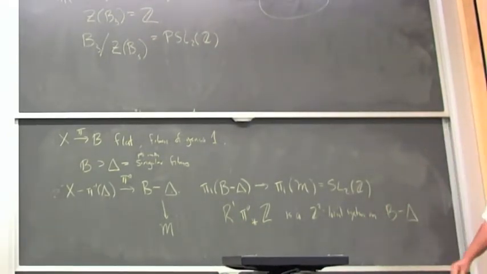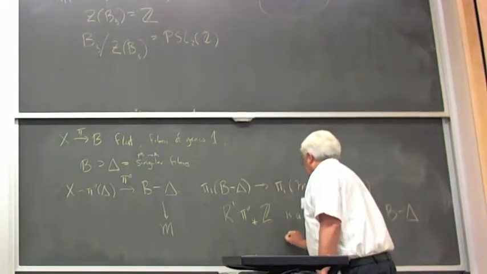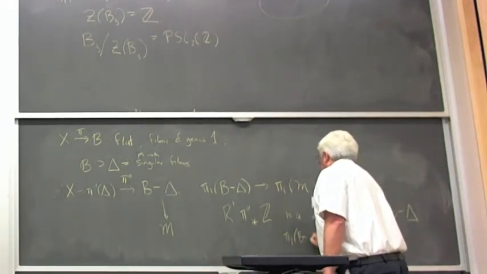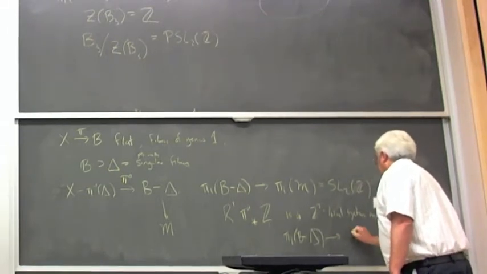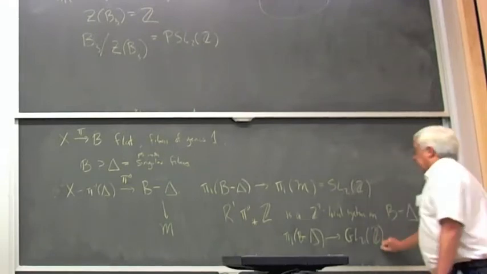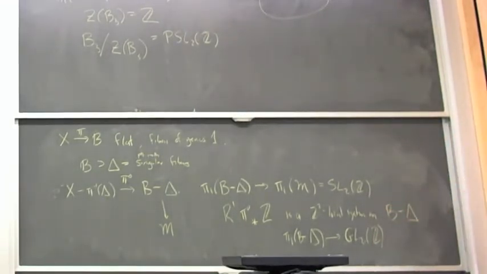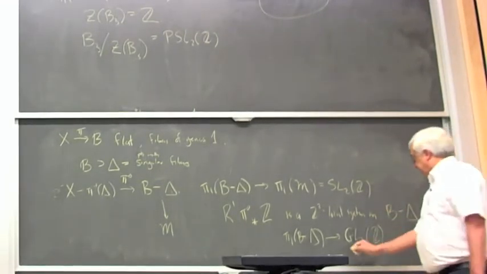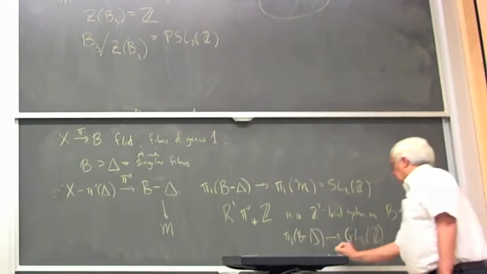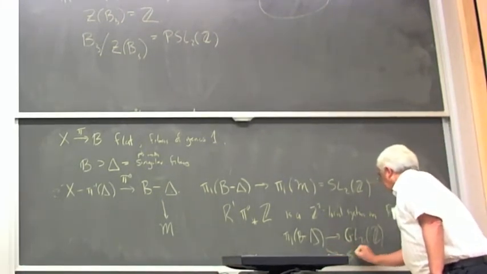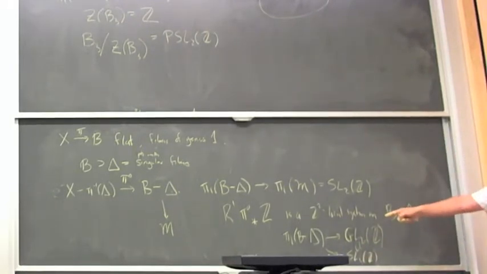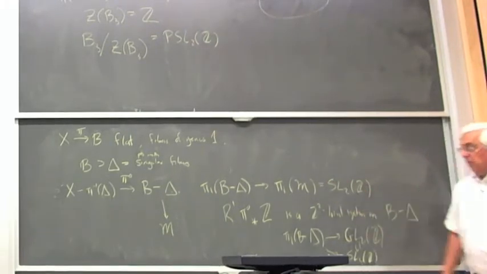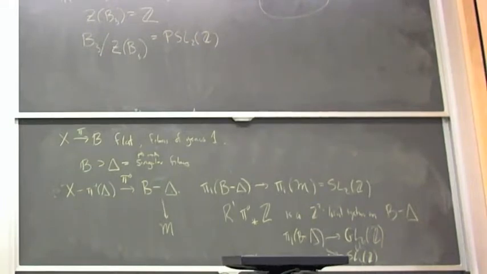And again, complex analytically, you would expect it to be described by a representation of the fundamental group into GL2Z. But if you look more carefully, you discover that it does preserve the determinant, so it actually goes into SL2Z. And this is the same representation that we just described from the topological perspective.